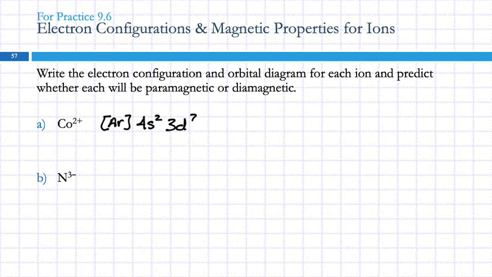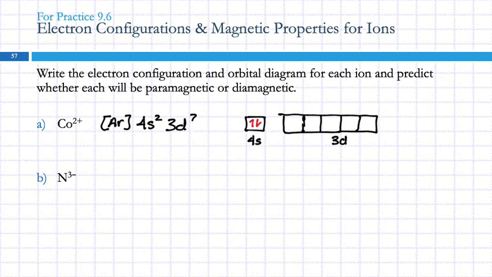Okay, so we can't tell just by looking at the electron configuration if everything's paired up or not. If you think hard, you can, but we don't want to think very hard, do we? No, we don't. So let's look at those electrons, right? So there's 2 over here. That's the 4s, and then this is 3d.